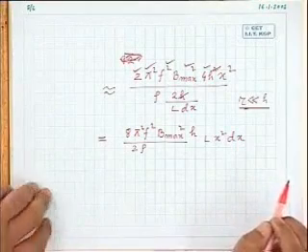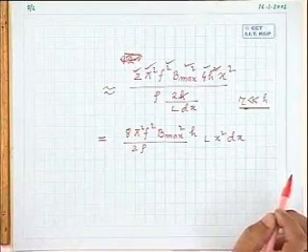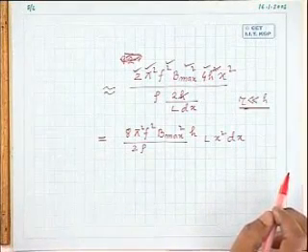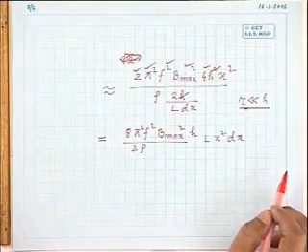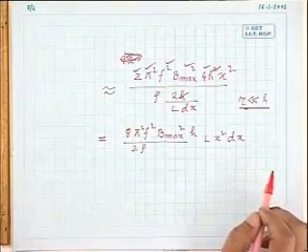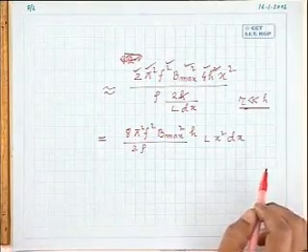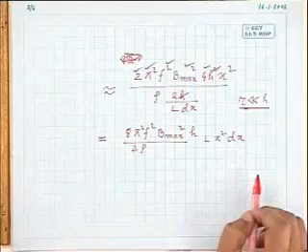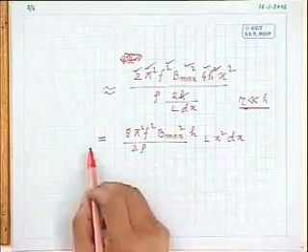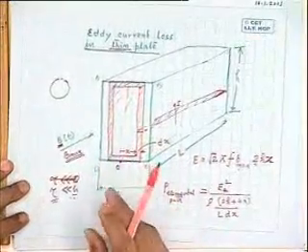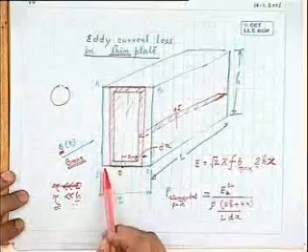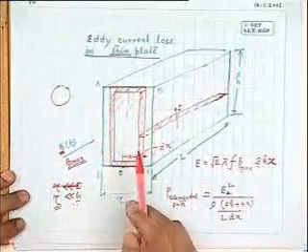If some term is missing, you tell me. Everything is okay? All terms are. So this will be the loss in this element.